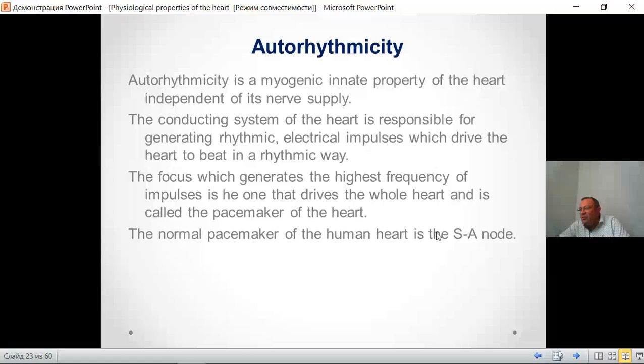The focus which generates the highest frequency of impulses is the one that drives the whole heart and is called the pacemaker of the heart. The normal pacemaker of the human heart is the SA node, the sinoatrial node.